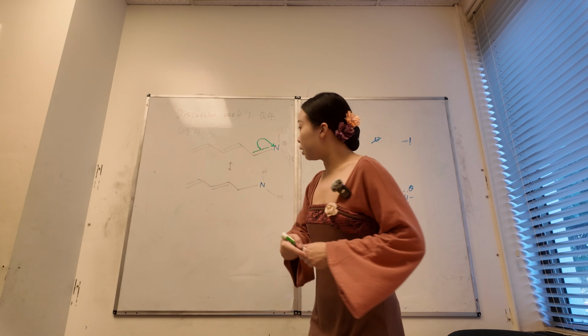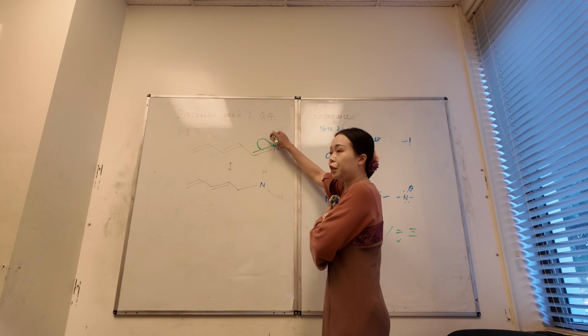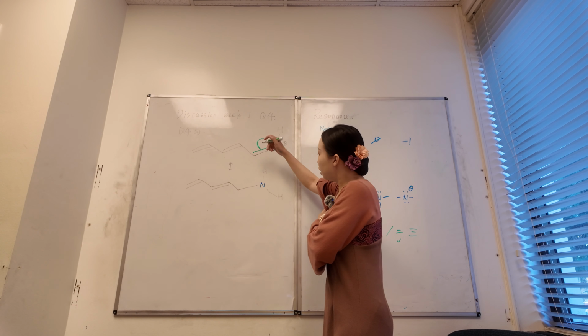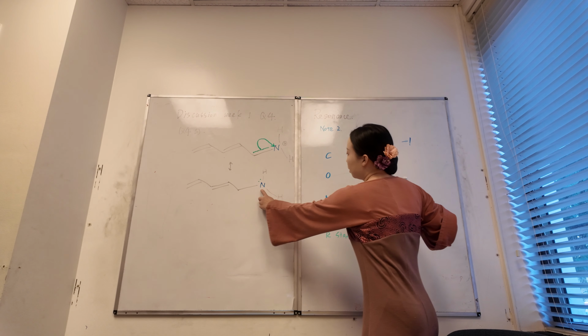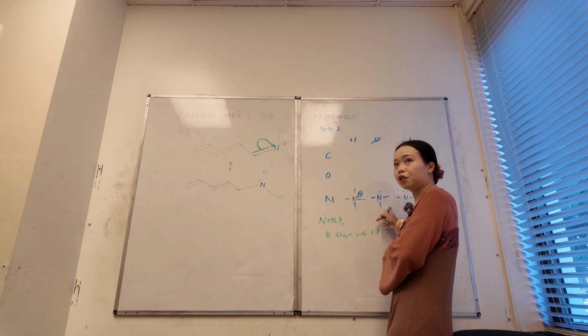With my green bond transfer, we just went over this in class. If it's a double-sided arrow, you are transferring 2 electrons, a pair. So now, with that pair, nitrogen looks happy, without any charge, right?